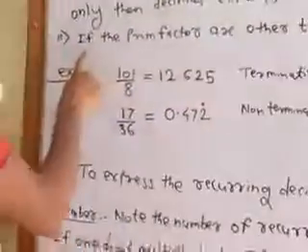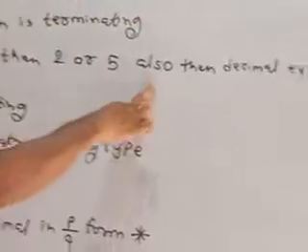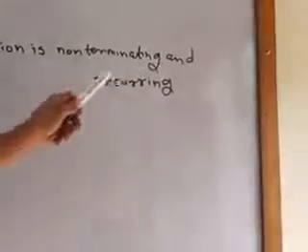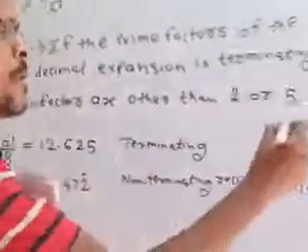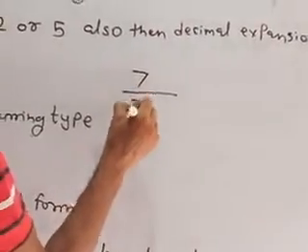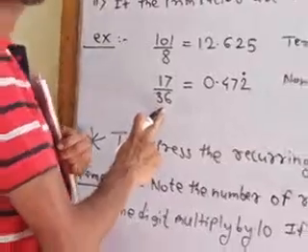And second, if the prime factors are other than 2 or 5, then the decimal expansion is non-terminating and recurring. For example, 7 upon 36. Here I take the example 36.